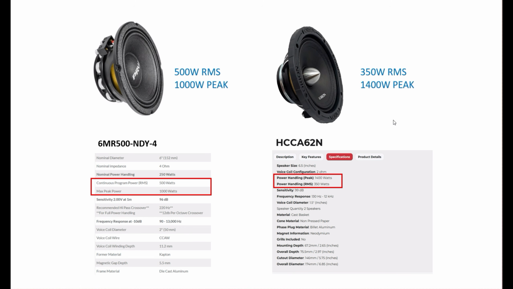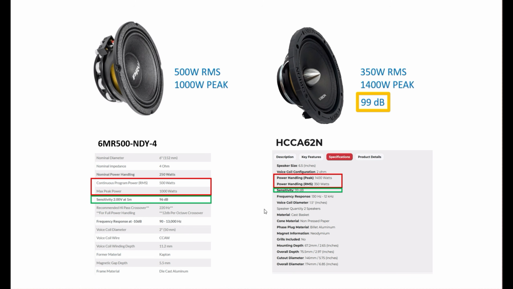Speaker B can handle 350 watts average RMS and 1400 watts peak. So just looking at the RMS, you would say this would be the loudest speaker, right? But as we saw earlier, the loudness of a speaker is more related to its sensitivity than how many watts it can handle, right?